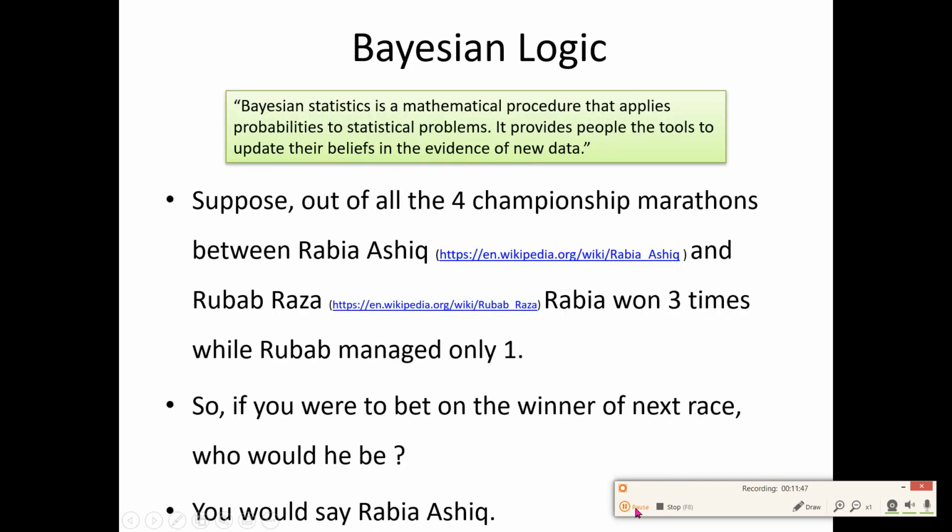Okay, next I introduce a new concept. Why am I suddenly switching to this? In this course you're going to explore different dimensions of statistics and mathematical inquiries. So to understand and appreciate that part of the course, this is a sort of technical backstopping that I am giving you. Okay, so what is Bayesian logic?